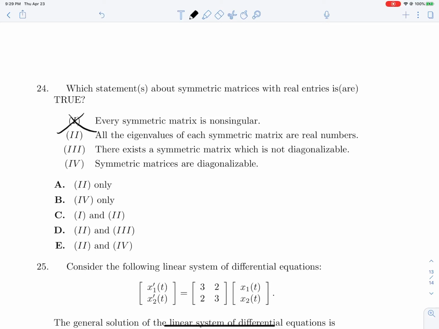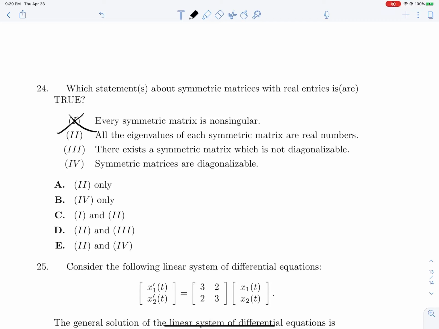What about 2? All of the eigenvalues of each symmetric matrix are real numbers. Also no. What about 0, 0, 1, 1, 1? No, wait. Interesting. Oh, okay.